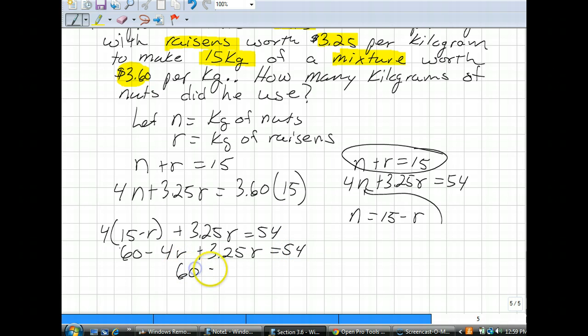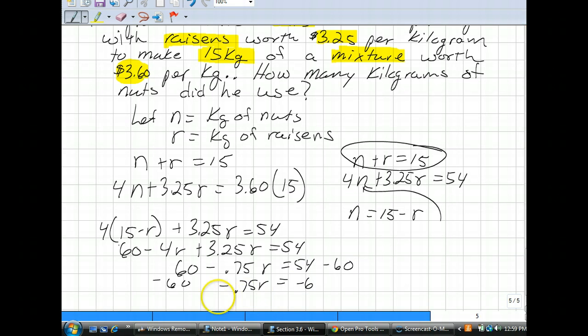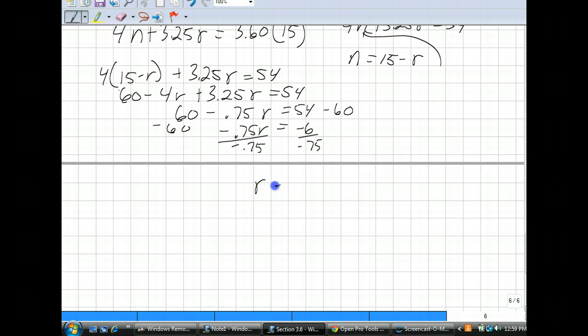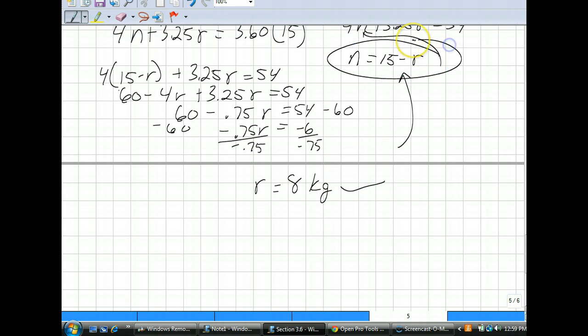This is going to be 60 minus 0.75R equals 54. Negative 0.75R equals, subtract 60 from both sides, equals negative 6. Divide by negative 0.75. And we get R equals 8. So that means it's 8 kilograms of raisins. Now we can come back here to this one and substitute R. N equals 15 minus 8, or N equals 7.